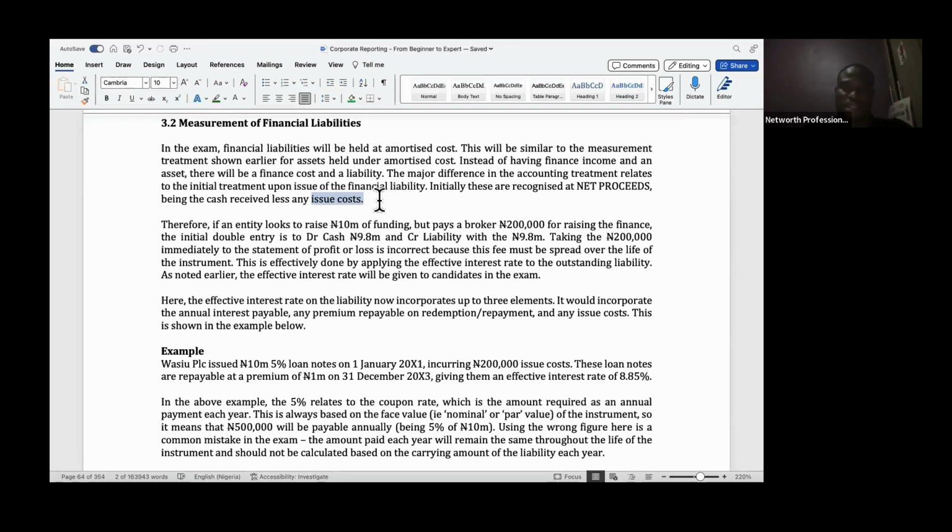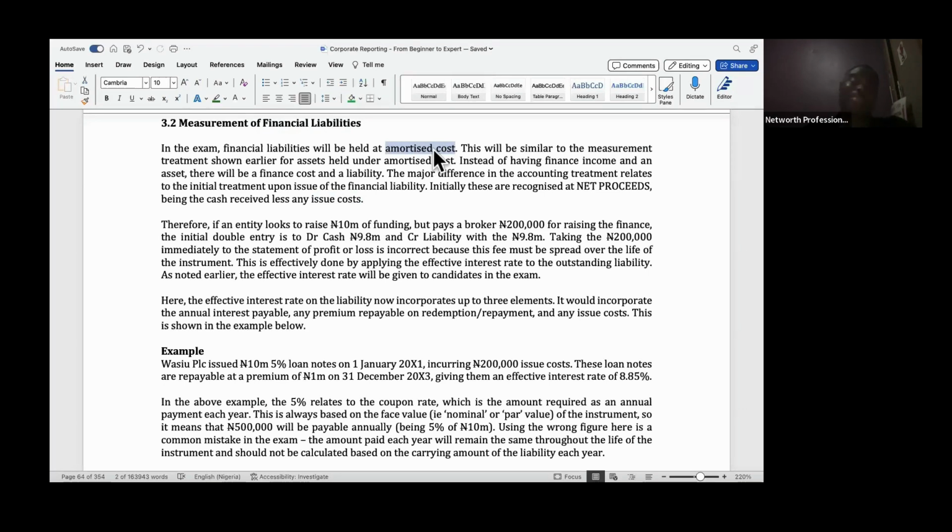But before that scenario, when you have a financial liability, it's majorly focused on amortized costs. They are classified at amortized cost, which means that they are measured at the end of the year at amortized cost. So it's similar to that debt investment I just taught you.